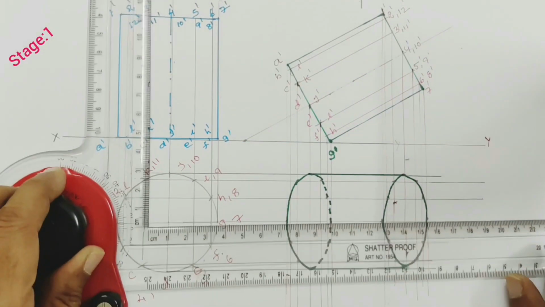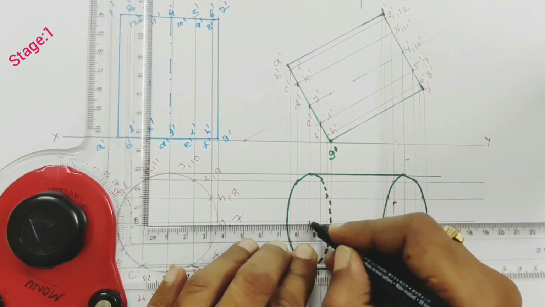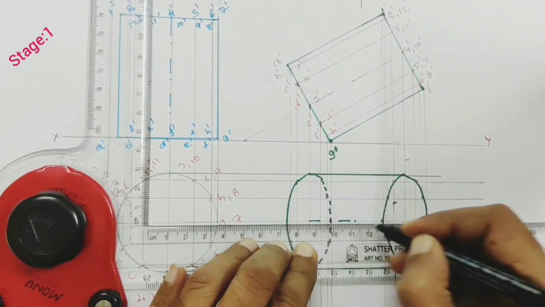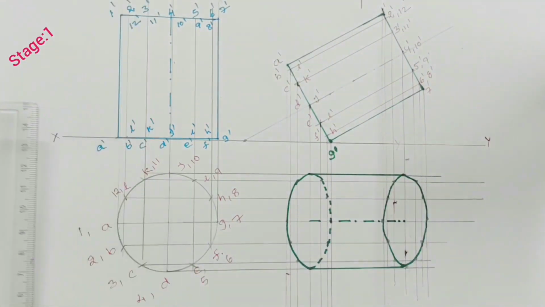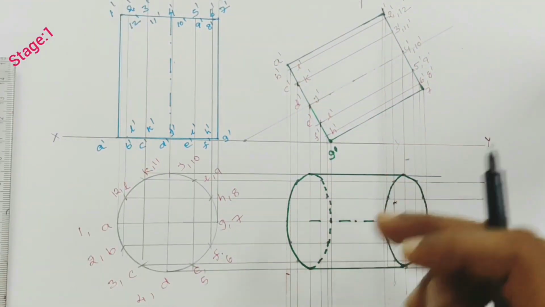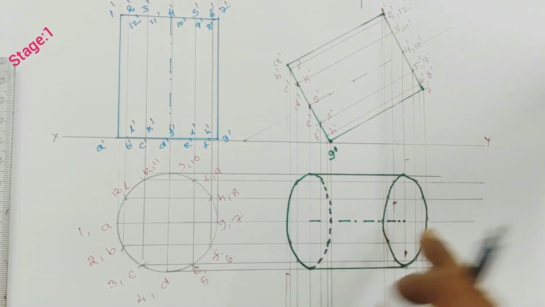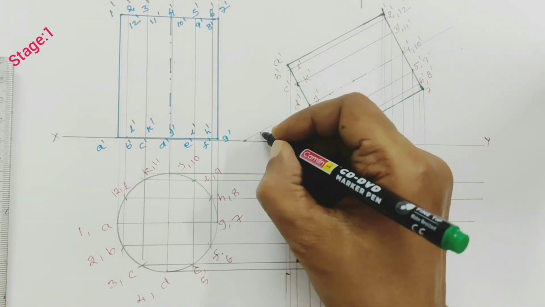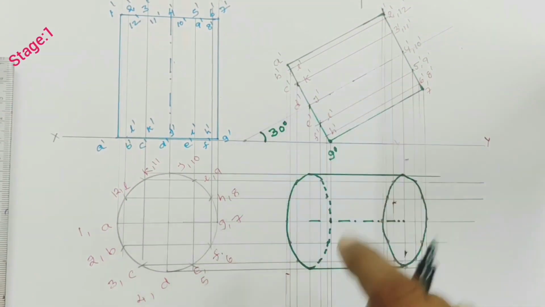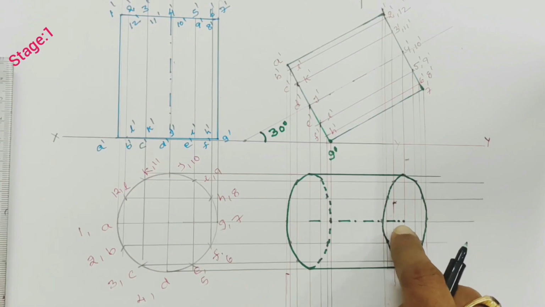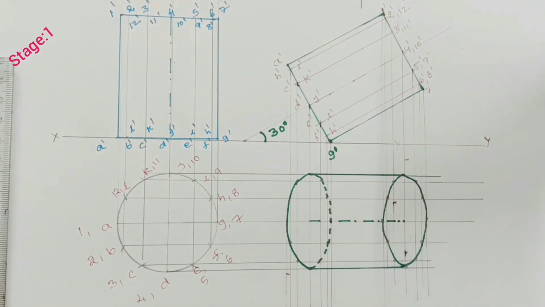Then draw axis line. This is the axis line. Here the axis line is foreshortened because axis is making an angle 30 degrees to the HP. That's why we got reduced length of the axis. Then do the lettering for the top view.